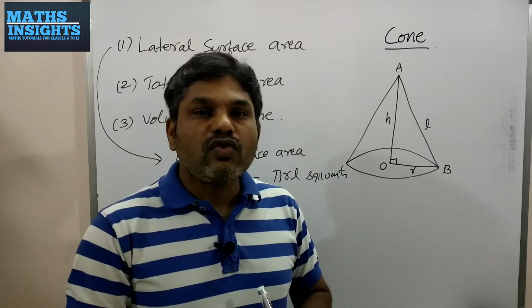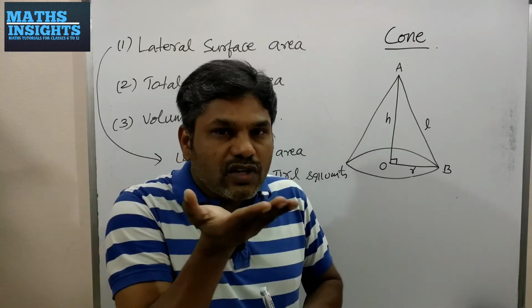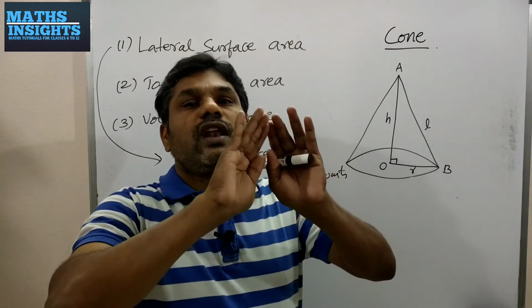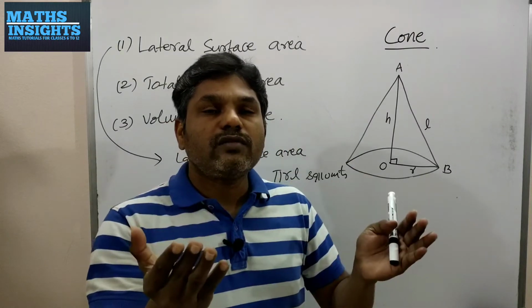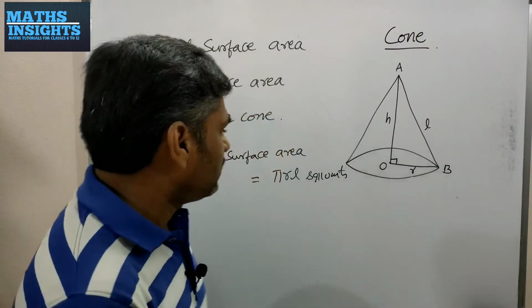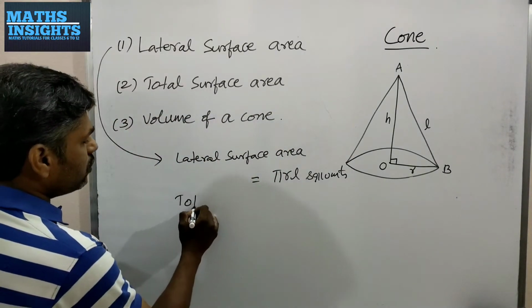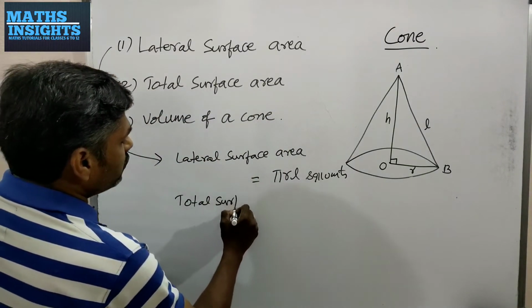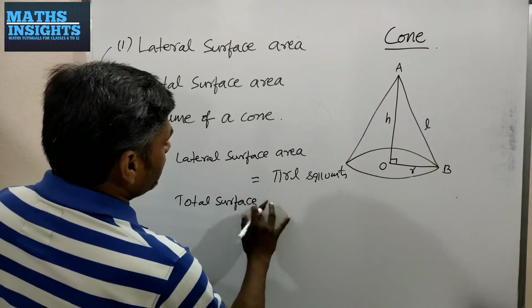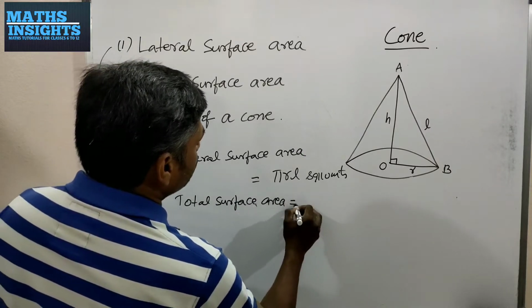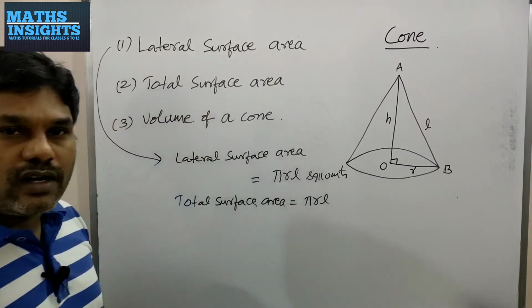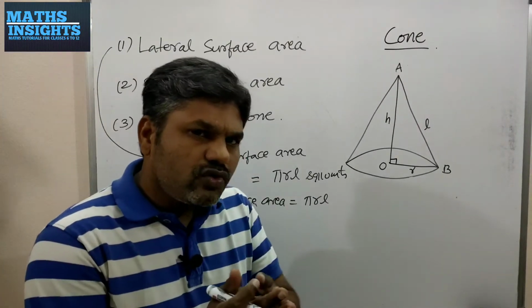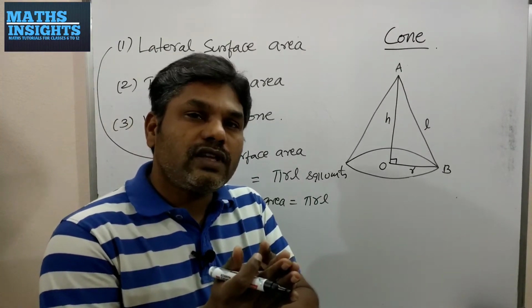If you include the area of the circular base to the lateral surface area of the cone, then that will become total surface area. Therefore, I am writing total surface area is equal to the lateral surface area, that is pi r l. For this, you have to add the area of the circular base.